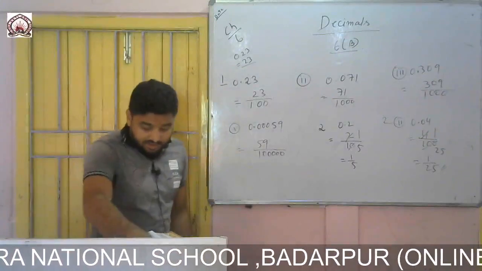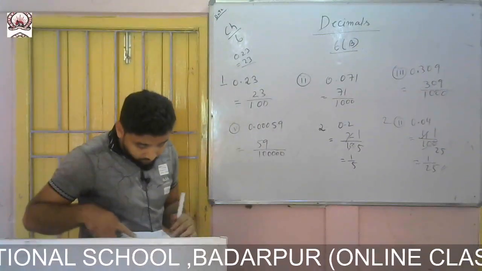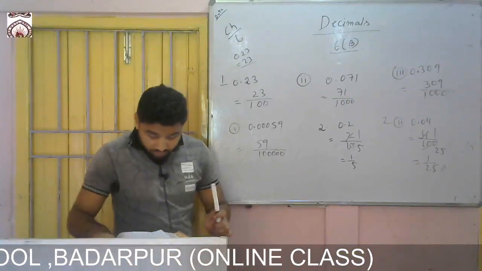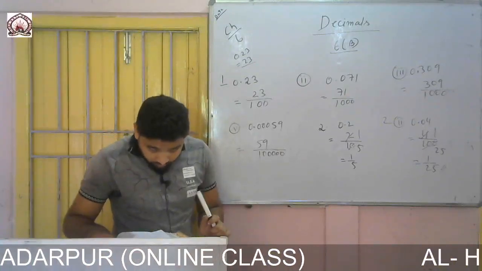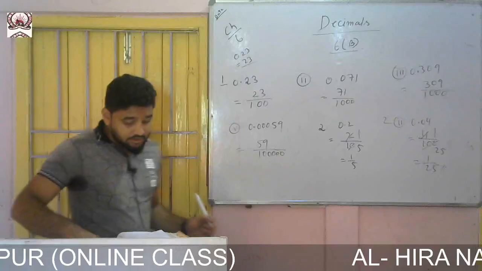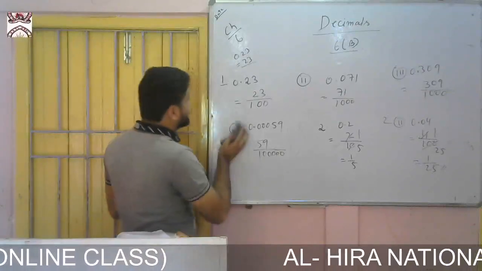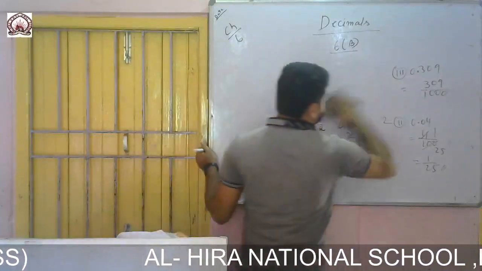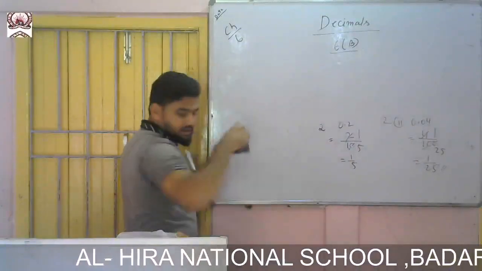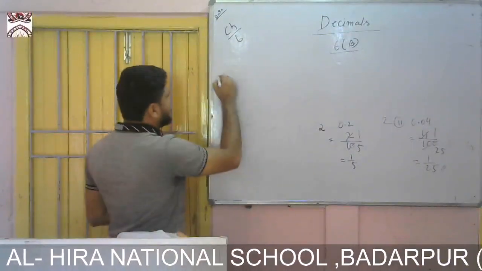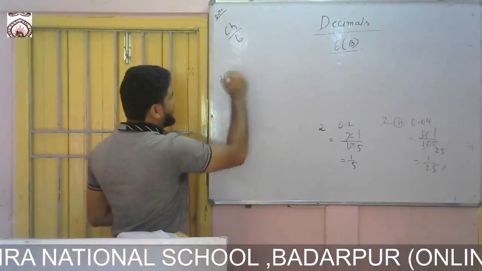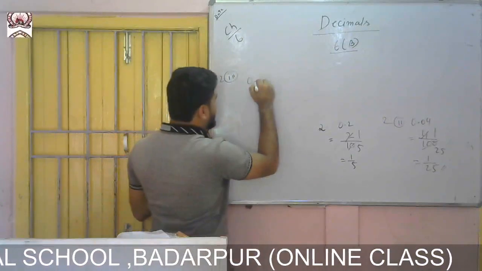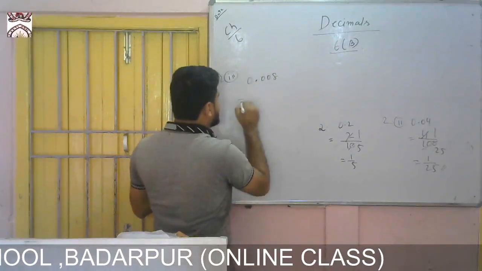Now come to question number 3, Roman 3. It is 0.008.